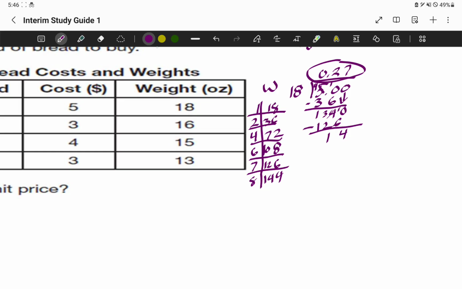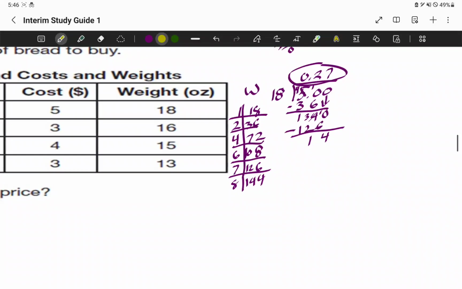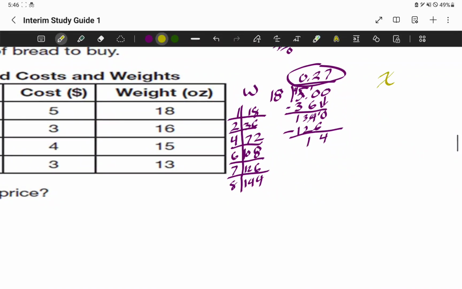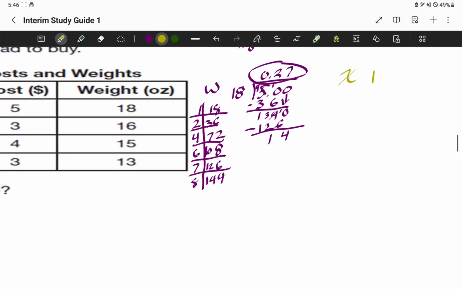And so that's W. Then we go and we look at X. And so we do 16 into 3. No. 16 goes into 30 once. And bring it down.